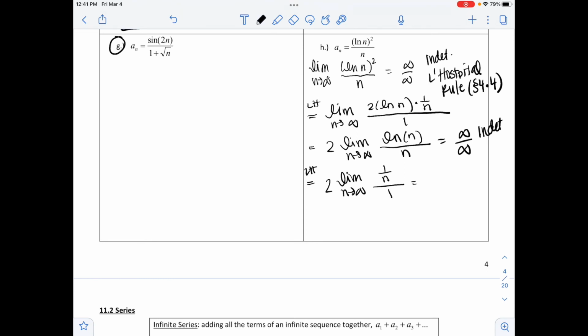So this simplifies to 2 times the limit as n approaches infinity of 1 over n. And as n approaches infinity, 1 over n is going to equal 0. And so we have 0 times 2, which is equal to 0. So this converges.